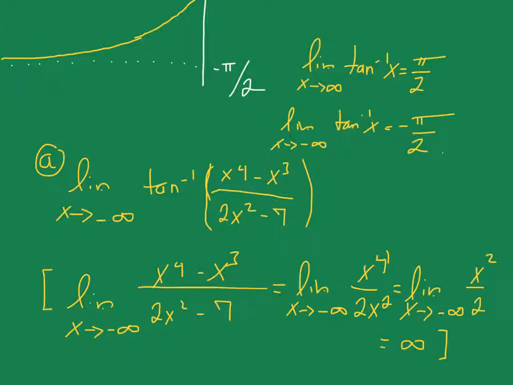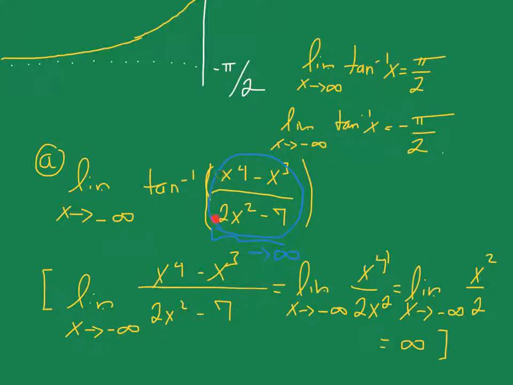Looking here then, what can we say? This bit that we've circled here, we know is tending to infinity as x tends to minus infinity. So we're taking the limit as x tends to minus infinity of tan inverse of this function.